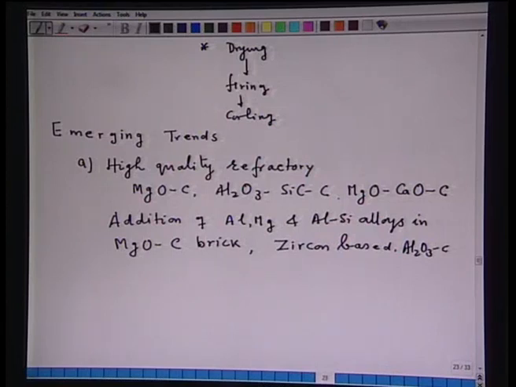These are some of the refractories, however many more are there that you can collect from the literature.